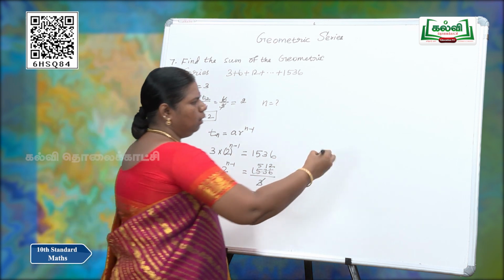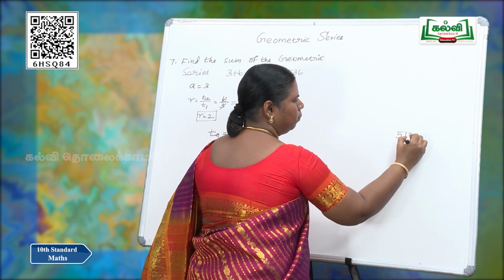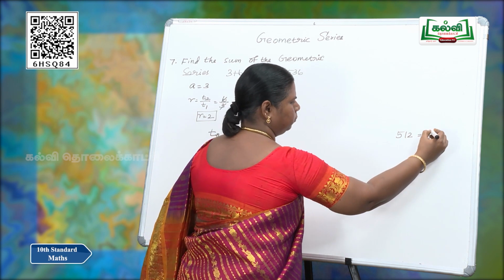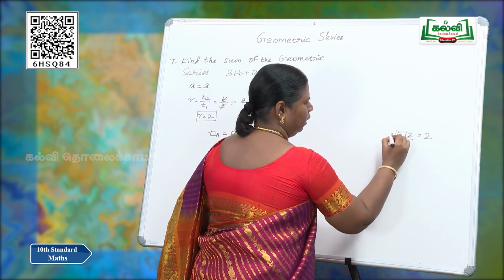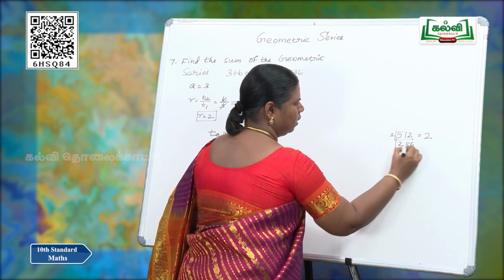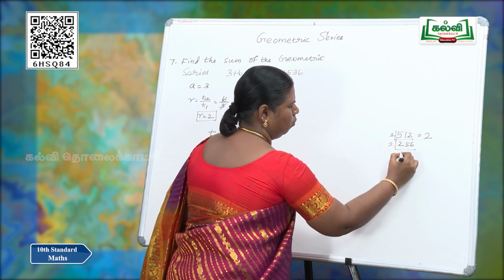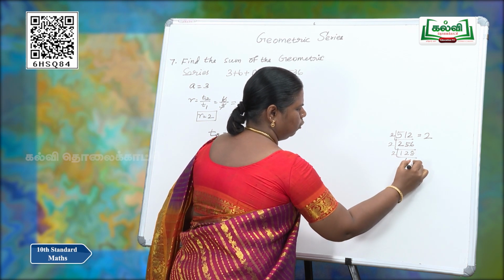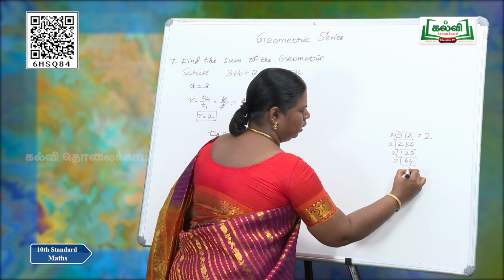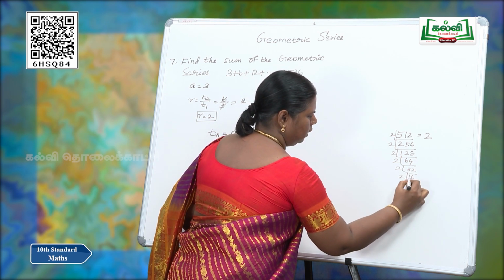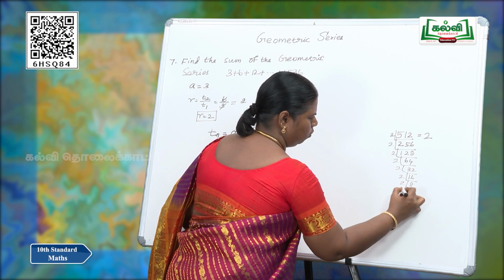512 should be written in the powers of 2. Divide by 2: 256, 128, 64, 32, 16, 8, 4, 2.